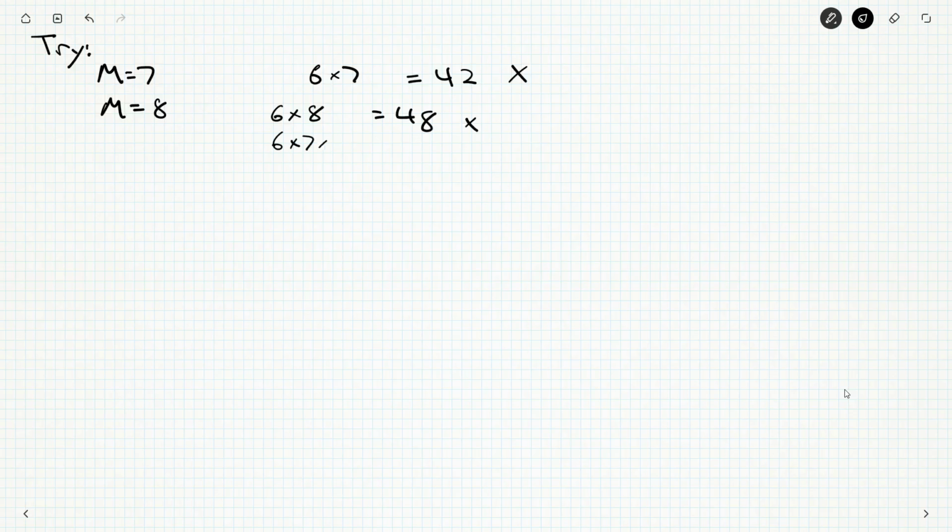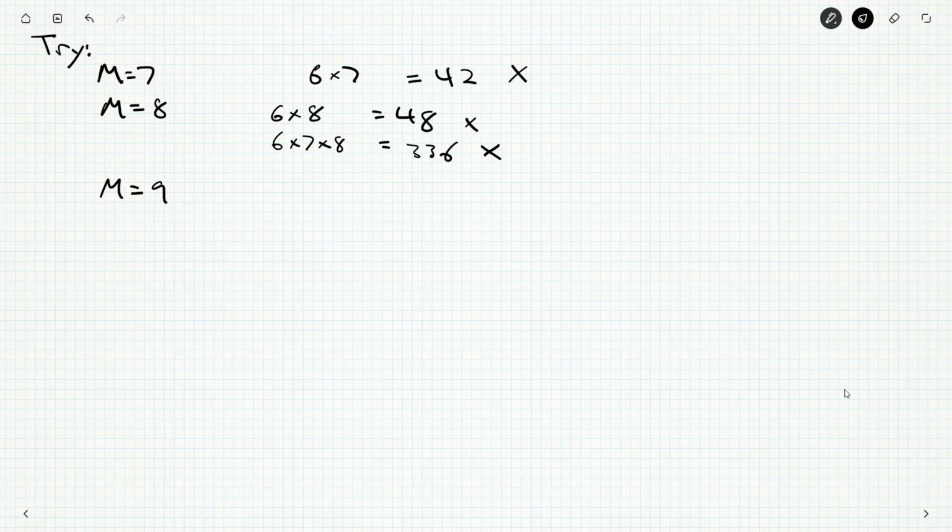Or you could have 6 times 7 times 8, which is 42 times 8, 336, not a square. So you can see this method is going to run into some problems.